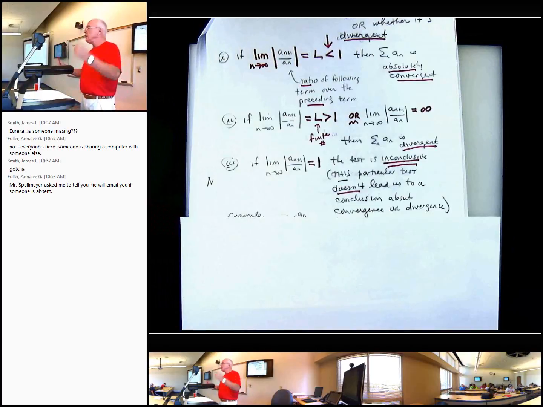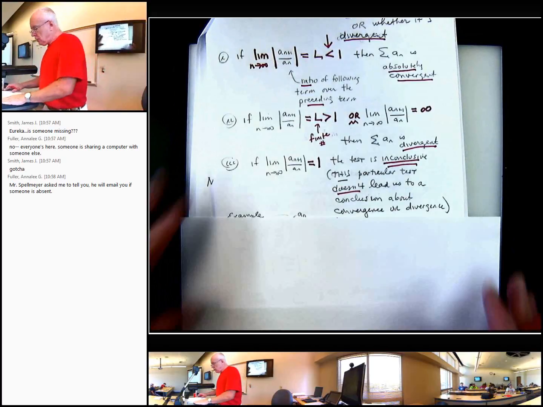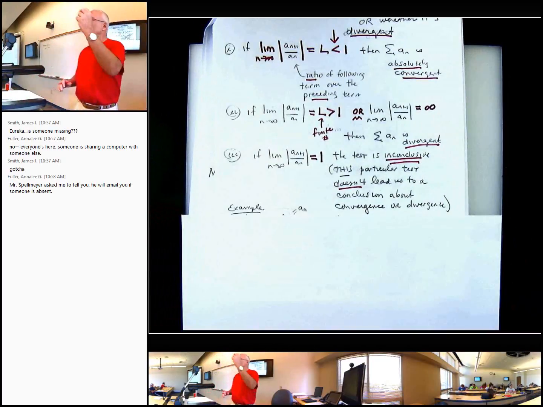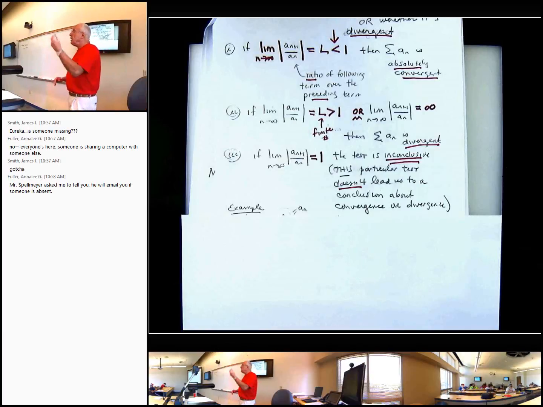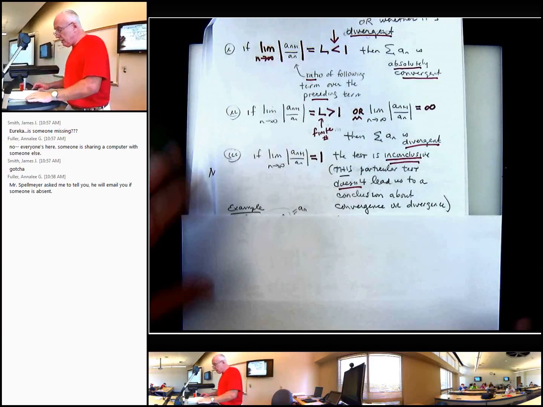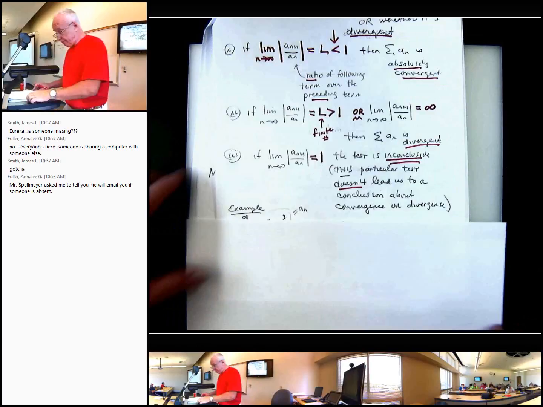It just leaves you hanging. So we have 3 scenarios here. That limit can be equal to a number less than 1, in which case it converges. It can be equal to a number bigger than 1, in which case it diverges, or it can be equal exactly to 1, in which case it tells us nothing.